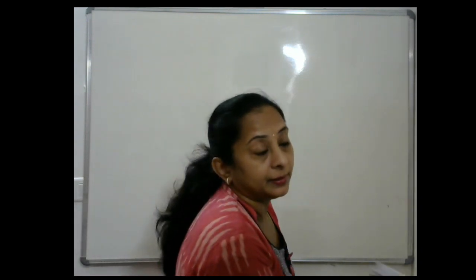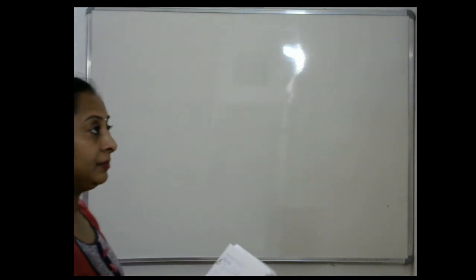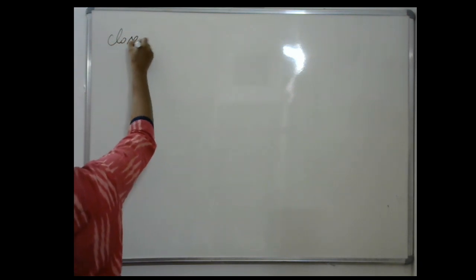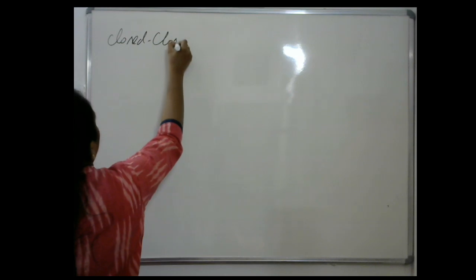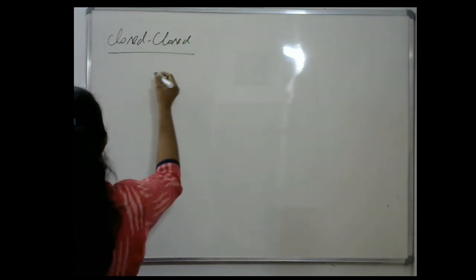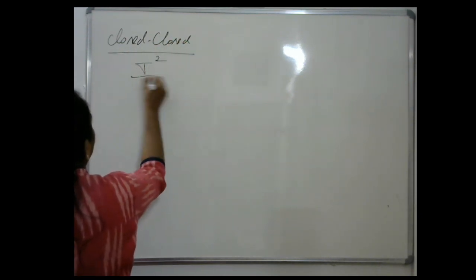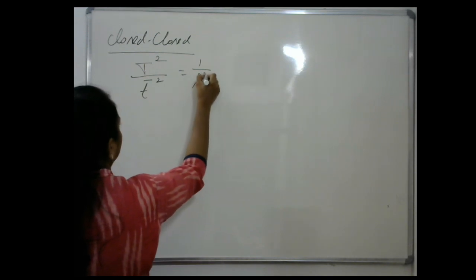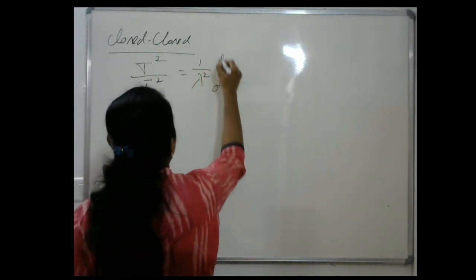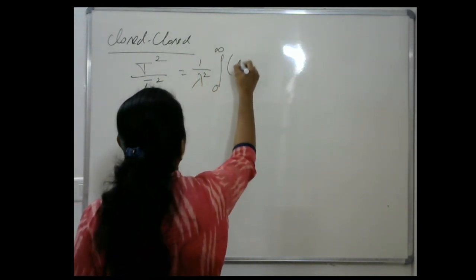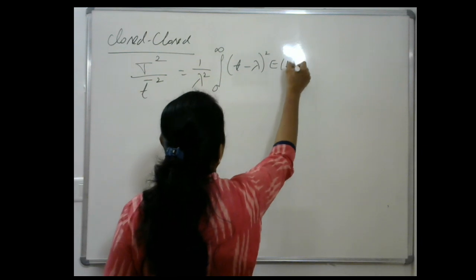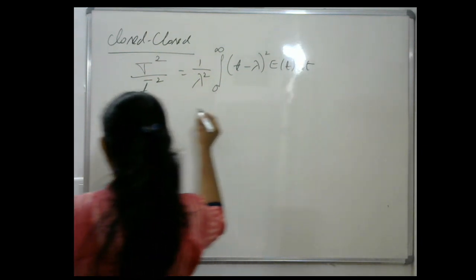To get the Peclet number by knowing the value of E theta. So let me start with a closed vessel. For closed, sigma square by T bar square is equal to 1 by tau square, integral from 0 to infinity of (t minus tau) square E of t dt.